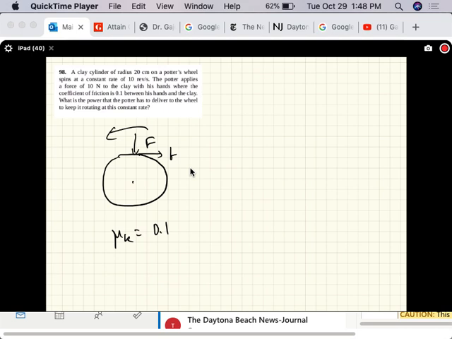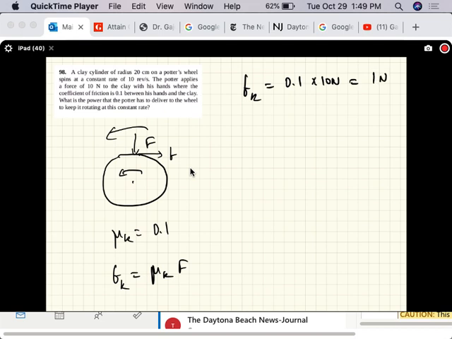As the wheel is rotating in this direction, the friction force is in that direction, and so let's calculate the friction force. 1 Newton.